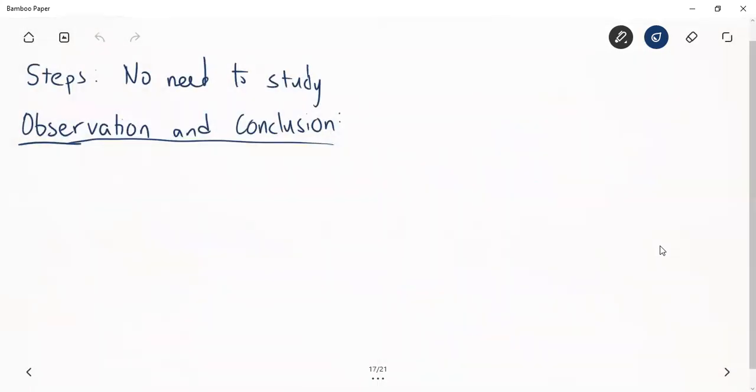Steps, no need to study the steps, but I'll just tell you, we will take 3 ml of the Benedict reagent, add the unknown sugar, and then heat it for 5 minutes in water bath. Observation and conclusion.